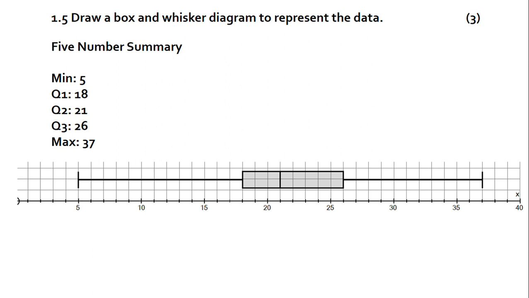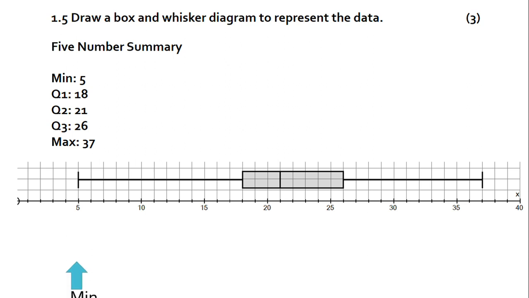Whatever scale that you choose, you must be consistent with it. And you also look at the numbers that you are dealing with. So for instance, if you chose a scale that was inappropriate, then your box and whisker diagram will also be very difficult to draw or will be distorted. So make sure that you choose an appropriate scale.